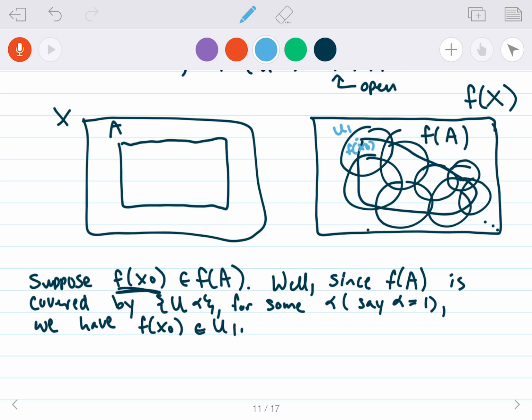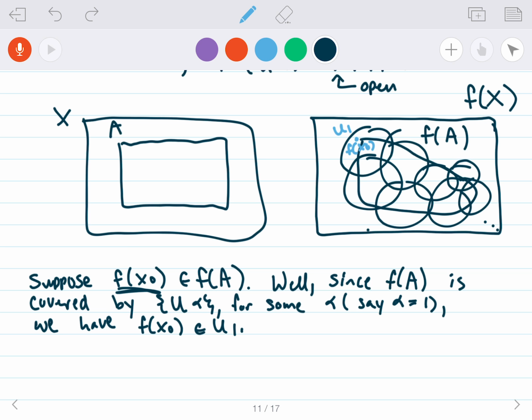Okay, so that's the picture. So what does that mean in terms of the pre-image? Remember, the idea here is that we want to relate things to the pre-image because we know that stuff in the pre-image is going to be compact by the compactness of A.